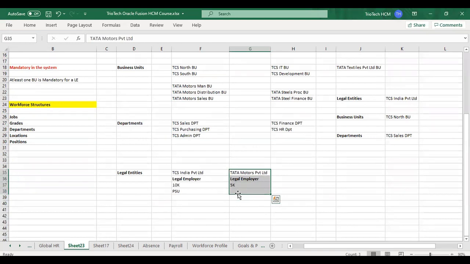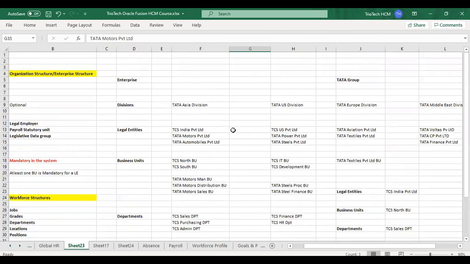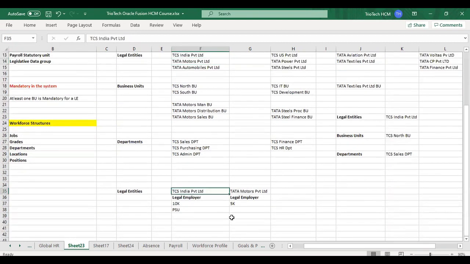In that case, from the organizational setup point, whenever we configure Tata Motors Private Limited as a legal entity, we will make it a legal employer and we will make TCS the PSU to Tata Motors. We will make TCS the PSU to Tata Motors.